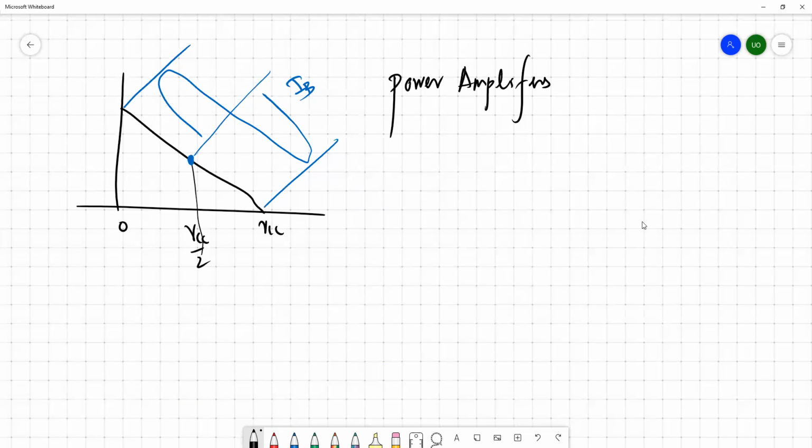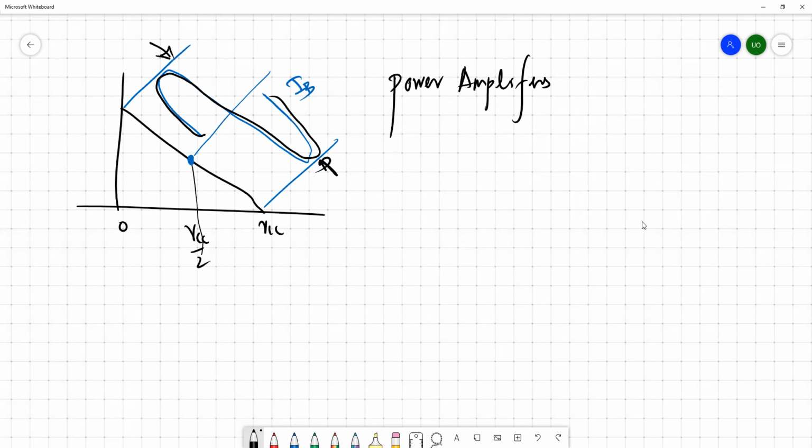For this particular discussion, we decided to place the Q point in the middle of the load line, so the swing in the positive and negative directions is pretty much equal, and the swing of the base current is limited to this band.